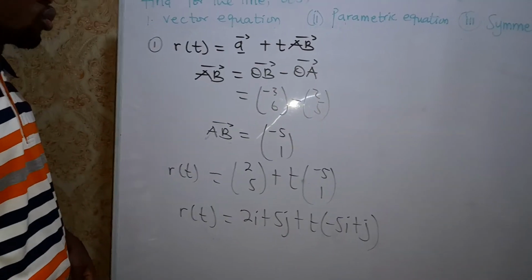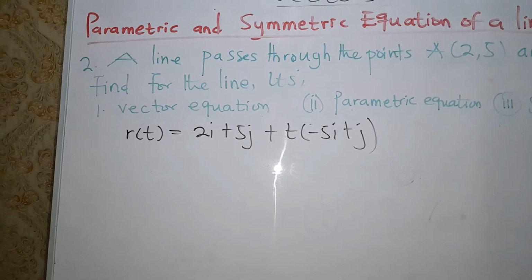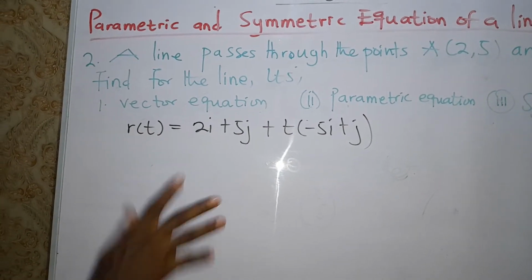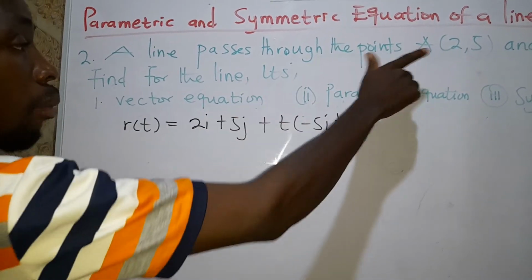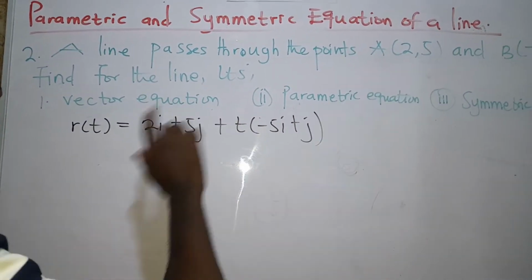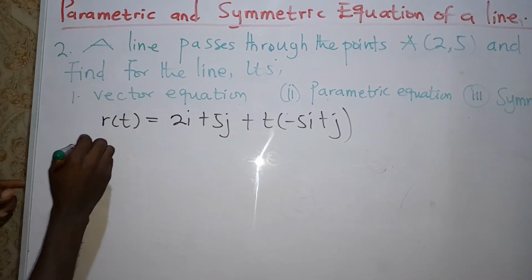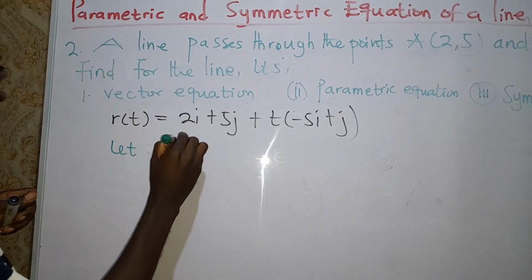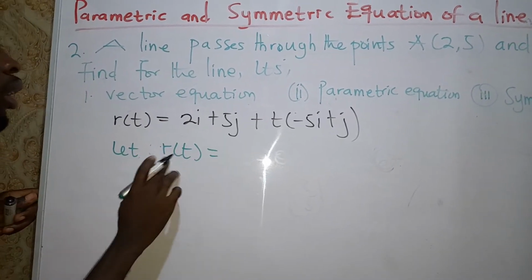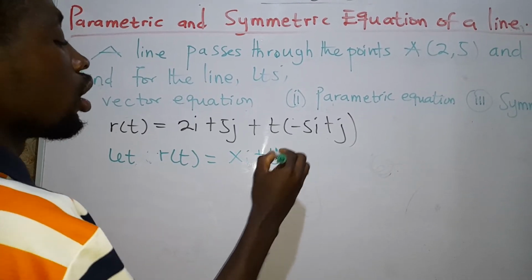Since we know the vector equation, we can find the parametric equation. We know the vector equation of this line that passes through the points (2, 5) and (-3, 6) to be this. So we just let r of t, since there are two directional spaces, be equal to xi plus yj.